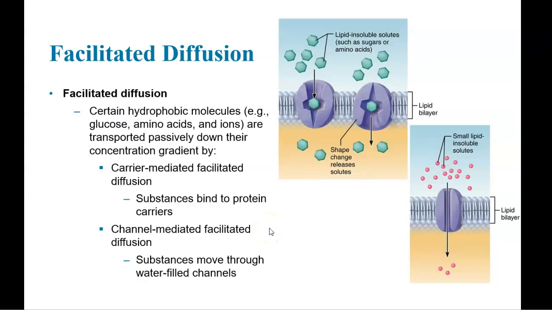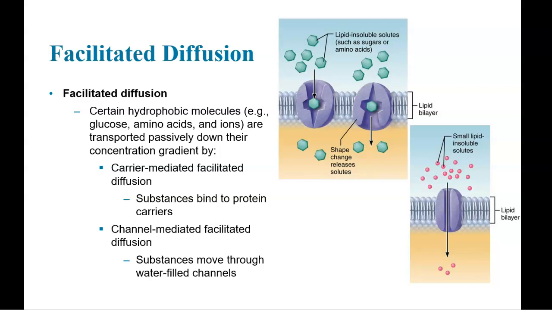So facilitated diffusion, like I mentioned, it allows for certain hydrophobic molecules like glucose and amino acids to be transported passively down their concentration gradient. So from lab, if you remember, there was a question that was related to this. The question was concerning dextrose, which I mentioned you can just consider that glucose.